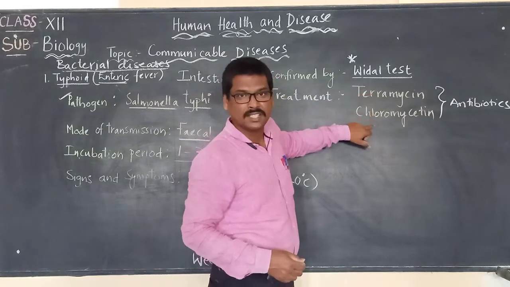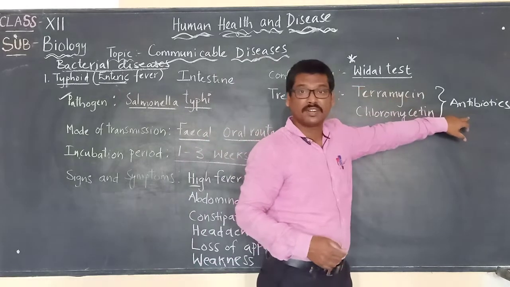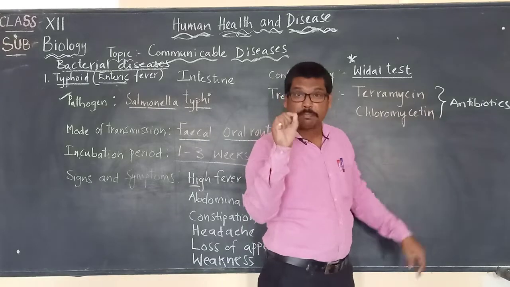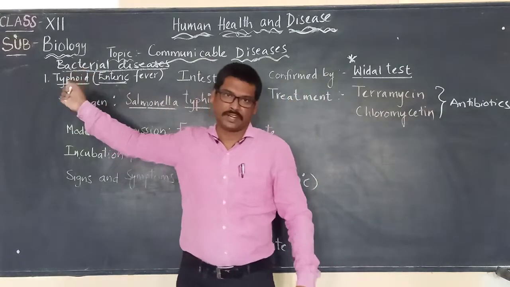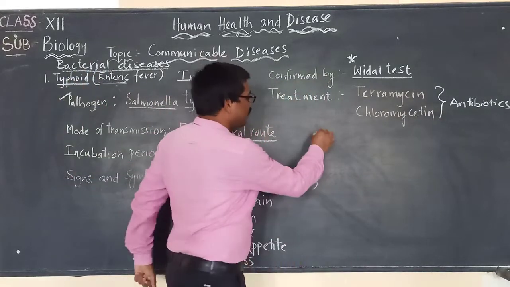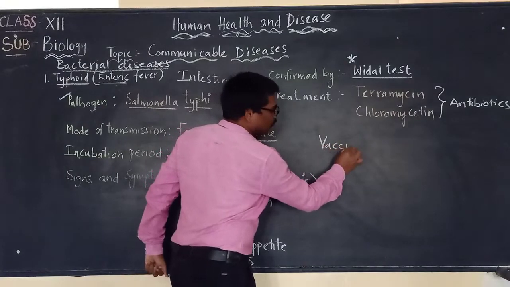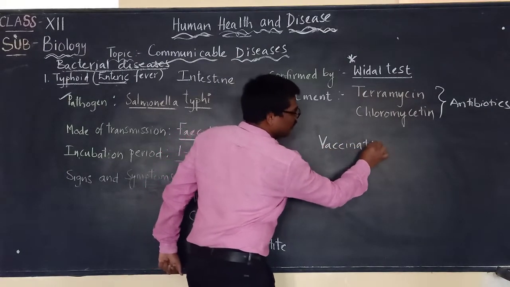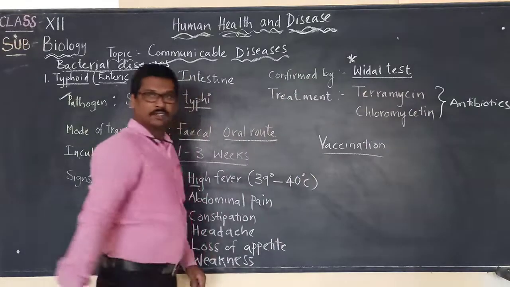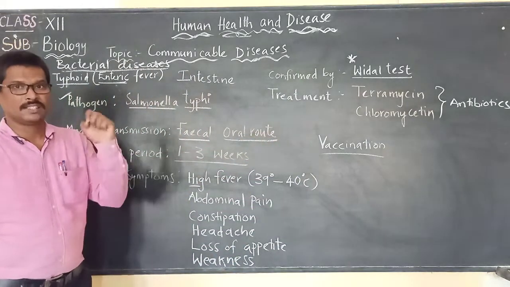Terramycin and chloromycetin are two types of antibiotics that are given for a person who is suffering with typhoid. And please remember, vaccination is also available for typhoid.